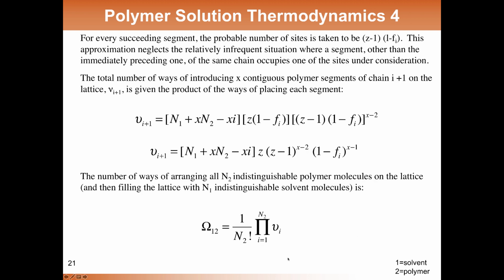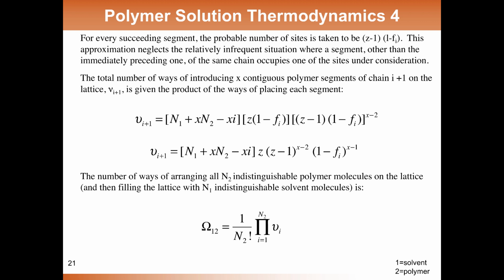And so then Flory took every succeeding segment of that polymer chain, took the probable number of sites to be the same as it was for that third segment. And this will ignore the situation where a segment of the same chain occupies one of the sites under consideration.